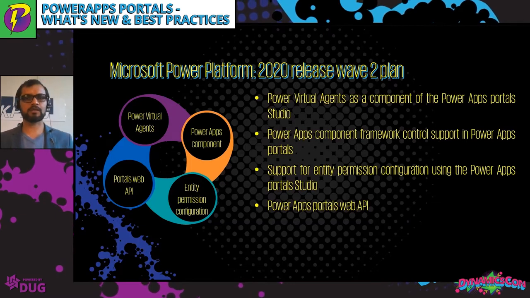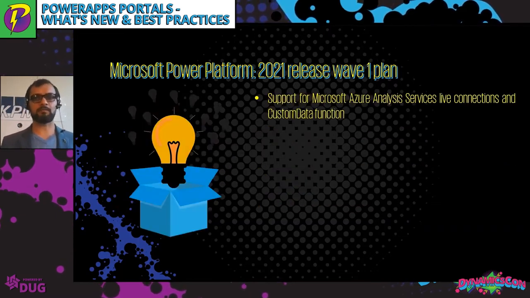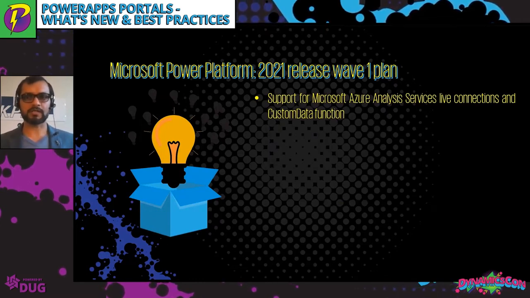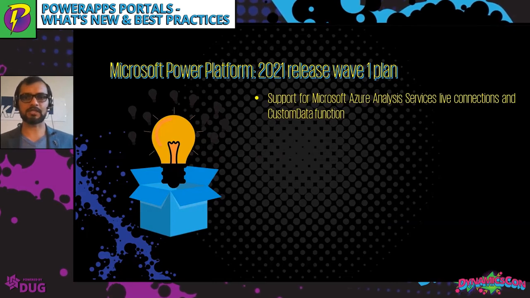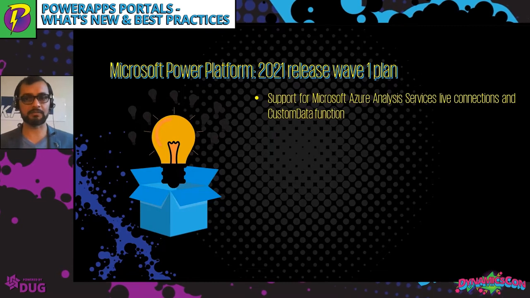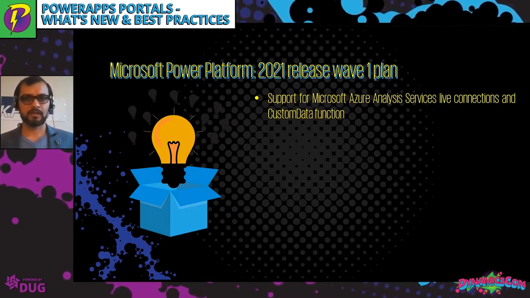The next important 2021 Wave 1 features are planned to release from April 2021 through September 2021. Support for Microsoft Azure Analysis Services connections and custom data functions features must be enabled or configured by the administrator, makers, or business analyst to be available for their users.